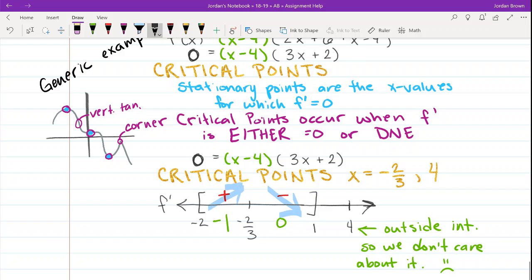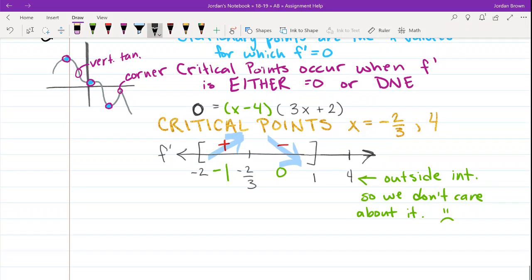And then what we say is that since f prime changes from being greater than 0 to being less than 0, yes, there will be a max at negative 2/3.